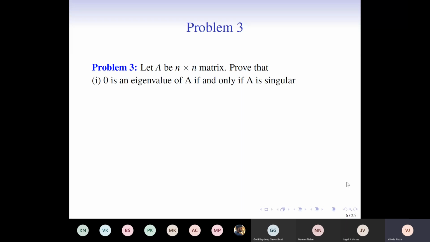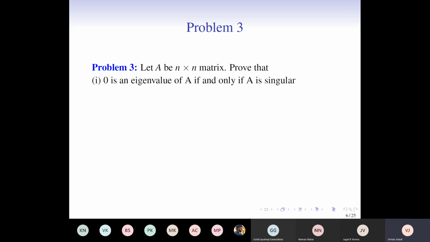Till then you can ask me any questions you have on the solutions that I give, or any other doubts regarding these problems. So I'll move to problem 3.